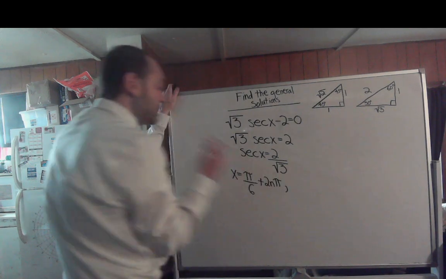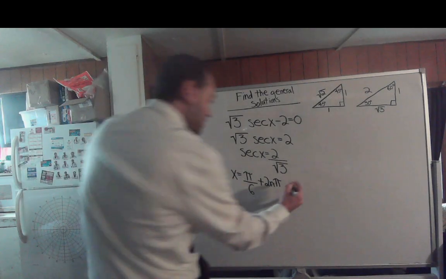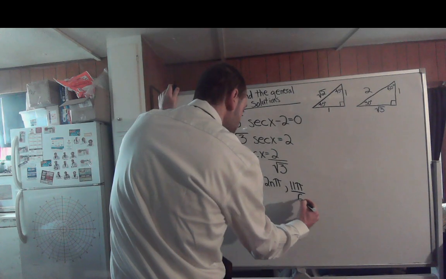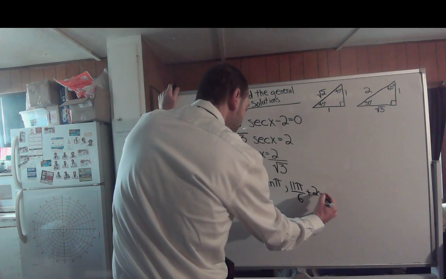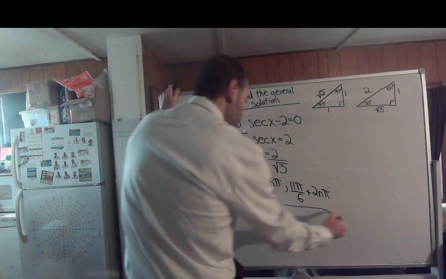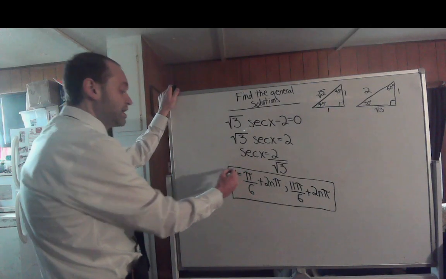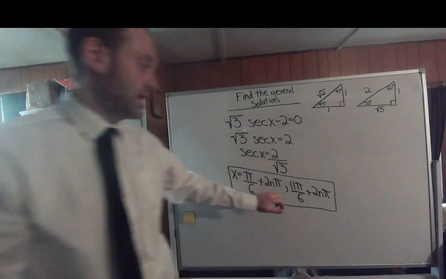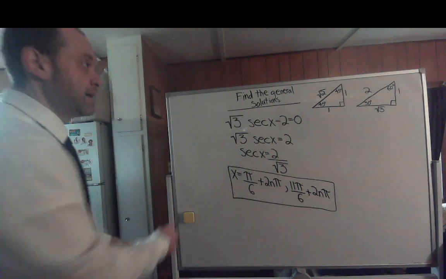And then if it occurs again in the fourth quadrant, that would be 11 pi over 6 plus 2n pi. So your two solutions should end up being x equals pi over 6 plus 2n pi and 11 pi over 6 plus 2n pi.